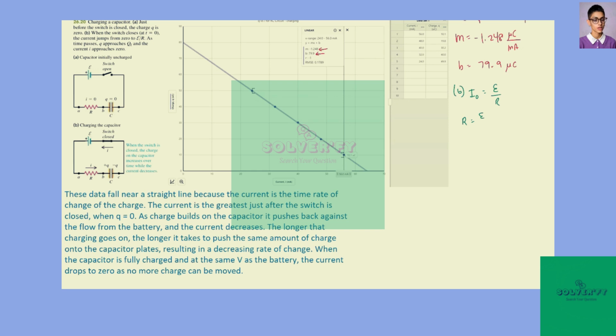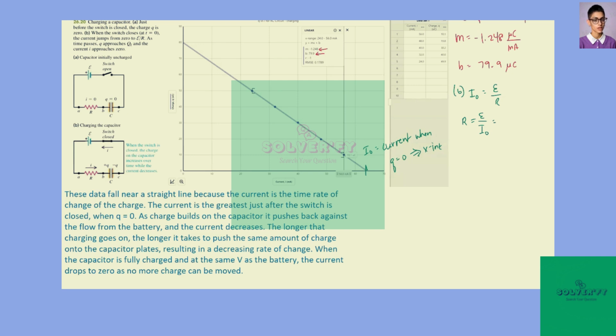And we're going to have to find the EMF first. And then we are also going to need I naught, which is, of course, the current right at the start when charge is 0, which is going to be that y-intercept. And we can actually use the slope and intercept from our linear fit to get a precise value for that. So we're going to have to come back to current.